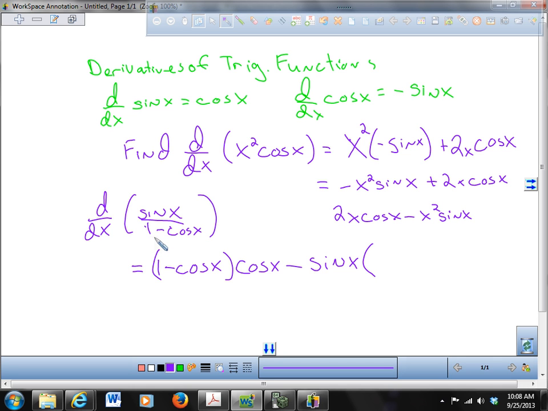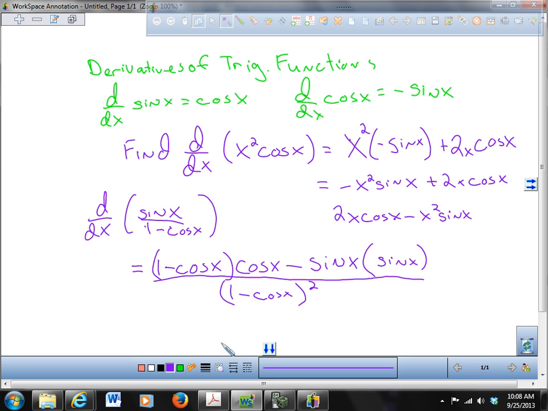One, no, what's the derivative of 1? 0. So it's negative the derivative of cosine x, and the derivative of cosine x is negative sine x. So this just becomes what? Sine x over the square of what's below, which is 1 minus cosine x quantity squared.